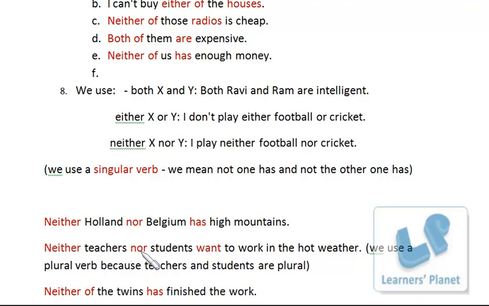Neither teachers nor students want to work in the hot weather. Teachers and students are both plural nouns, so we are using a plural verb here. Holland and Belgium are both singular nouns, that's why I'm using has. Neither of the twins has finished the work.